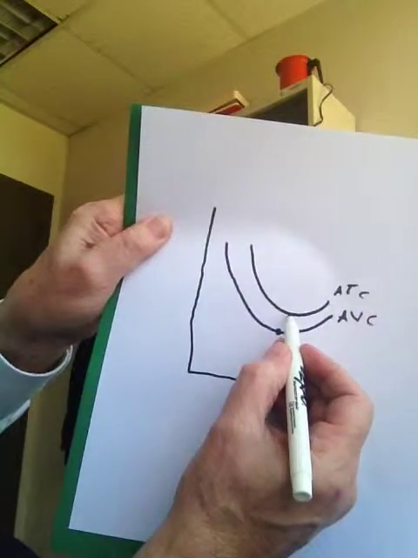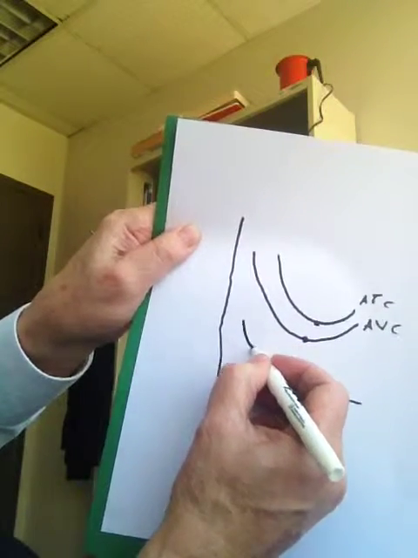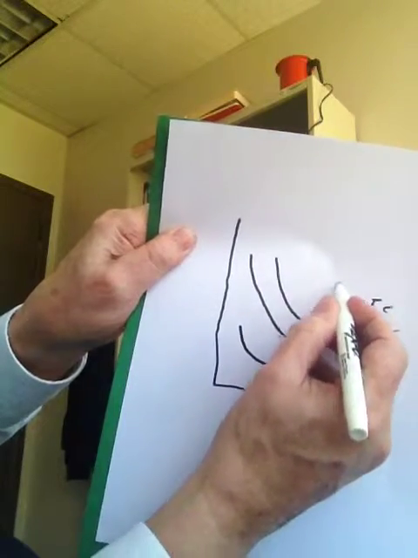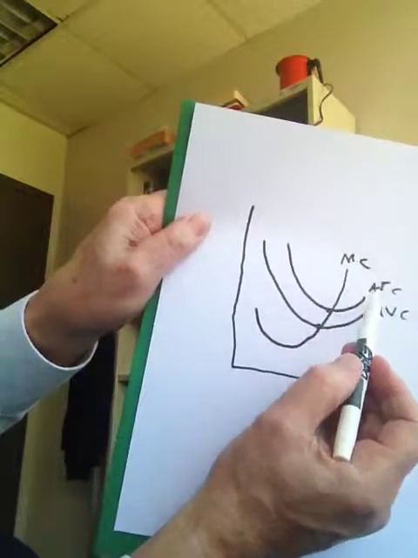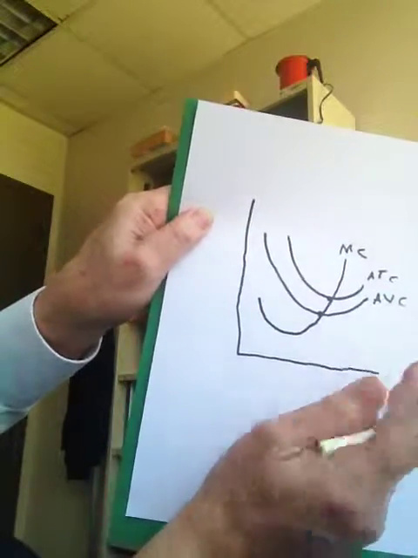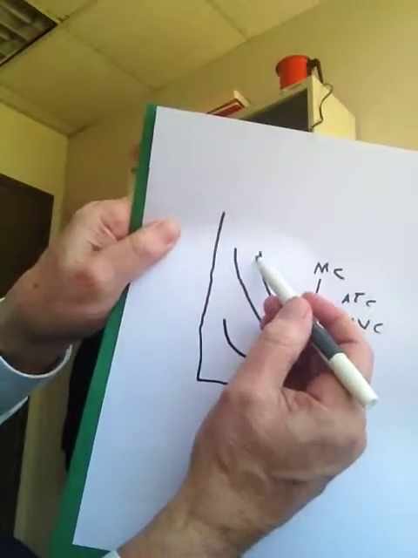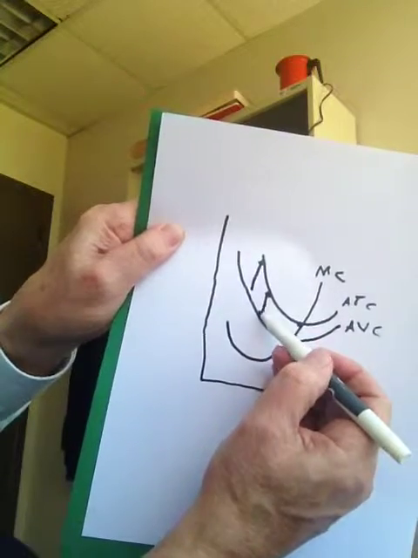There's the minimum of the average total. Marginal cost curve is going to look like this. See how it passes through the minimum? Marginal cost, marginal cost, average total, average variable. We don't need to draw the average fixed. That information is already there. It's the difference between the average variable and the average total.